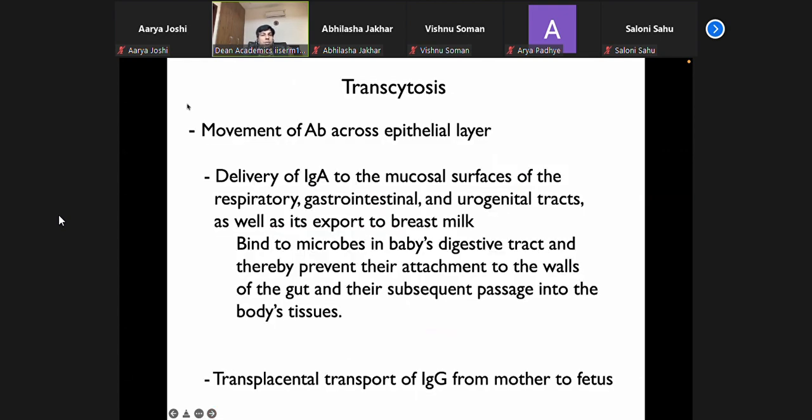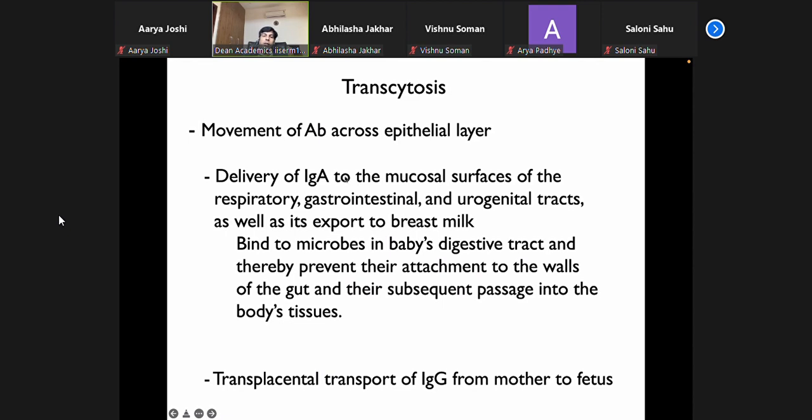Okay, transcytosis. This is basically the movement of antibody across the epithelial layer. And you know that delivery of, for example, this particular class of antibody molecule that we call IgA, because IgA is a mucosal antibody, so this is predominantly present, for example, in your tears, in the gut, in the urogenital tract. So wherever you have mucosal sites, IgA is the predominant antibody isotype.